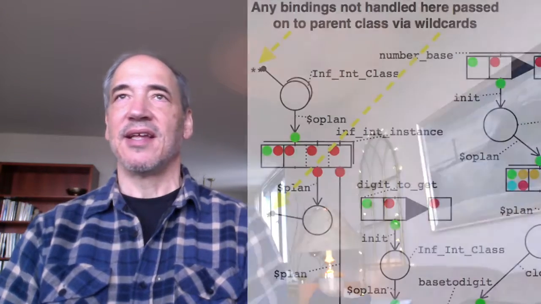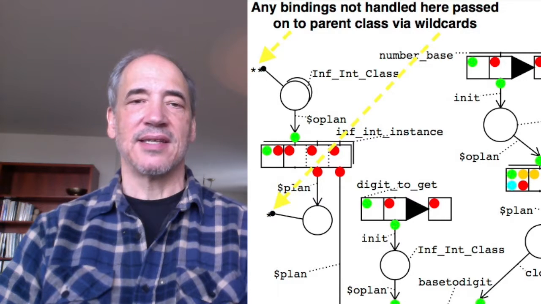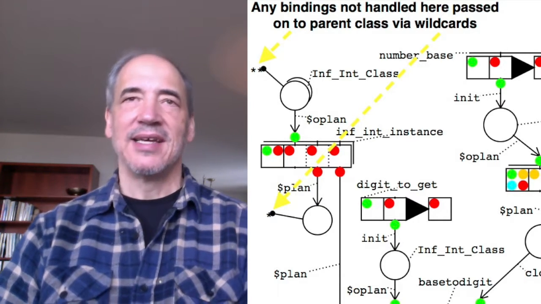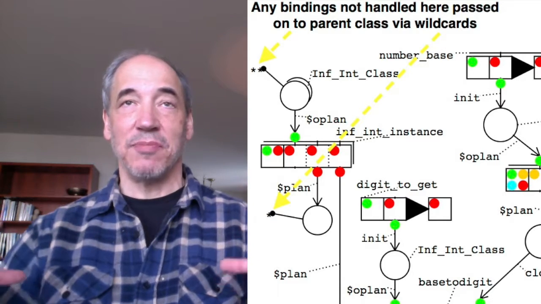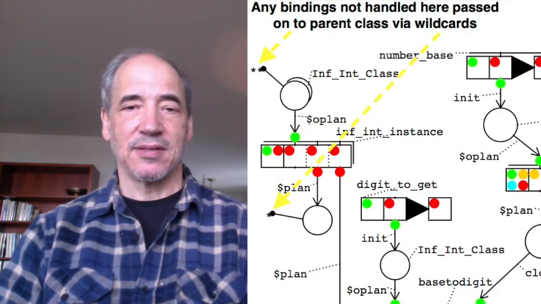And for that, a construct called role sets is available, and role binding sets. A role binding set is just a set of role bindings. So you can actually just say, give me all of the elements of this role set that I have not referred to otherwise. And that is obviously useful when you want to say, take all of the role bindings to me that I haven't handled and route them to my parent class.